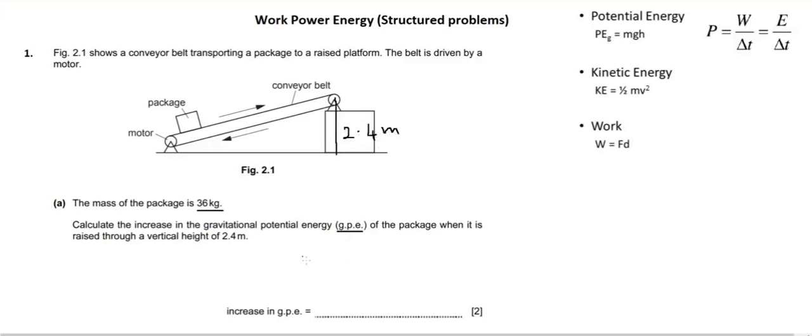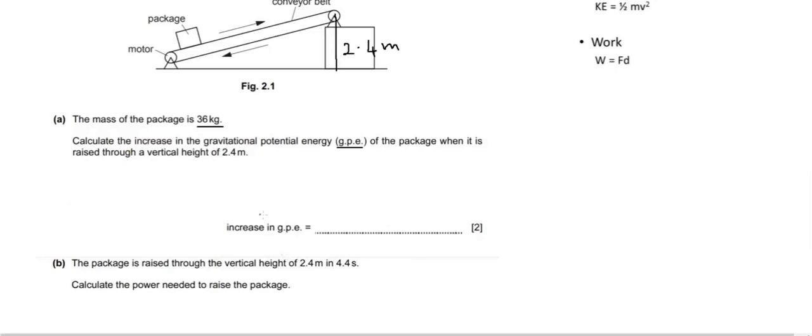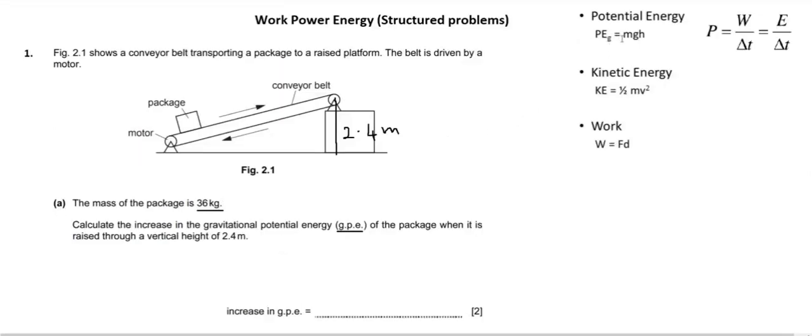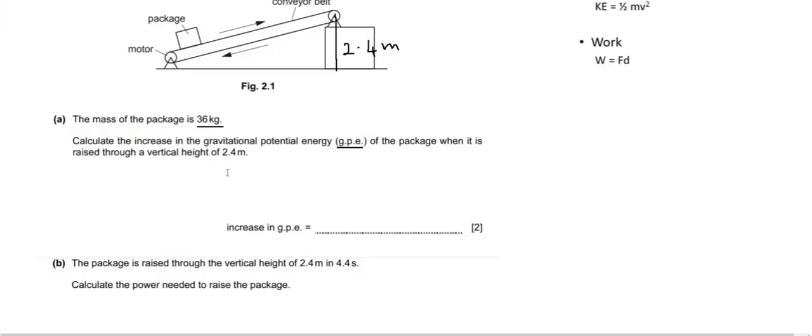So we want to calculate the increase in the gravitational potential energy, and we know the formula for the gravitational potential energy. All the formulas I have written over here, the potential energy, kinetic energy, work and power, etc. So the gravitational potential energy is mgh.